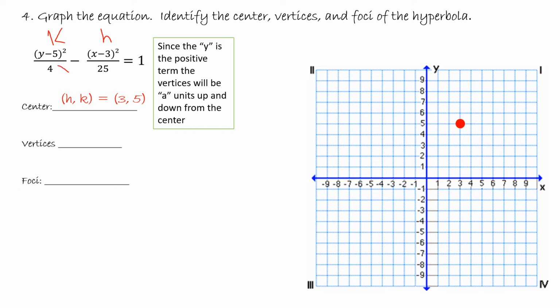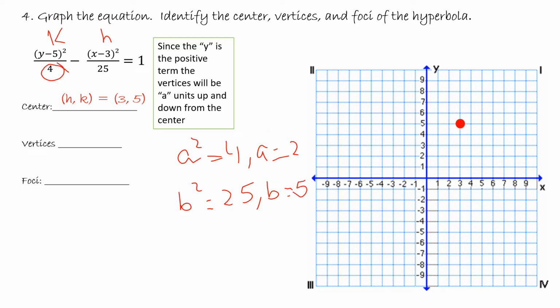Now, what is a? A squared is always the first denominator. So a is 2. And b squared is 25. That means b is 5.